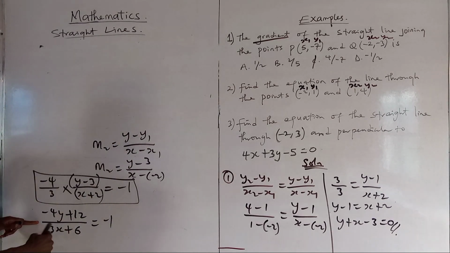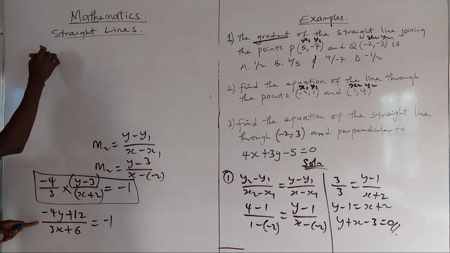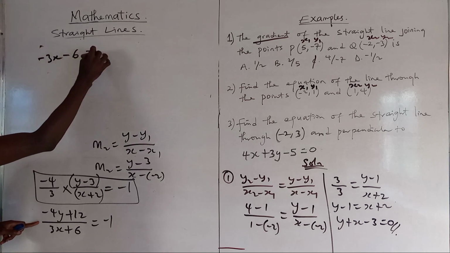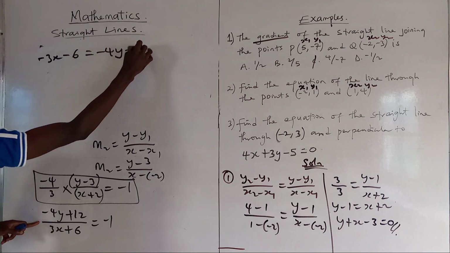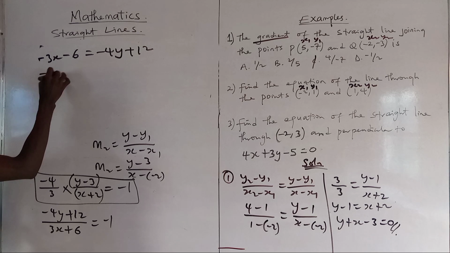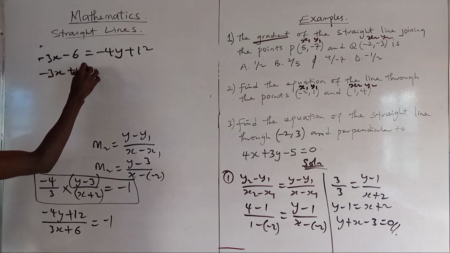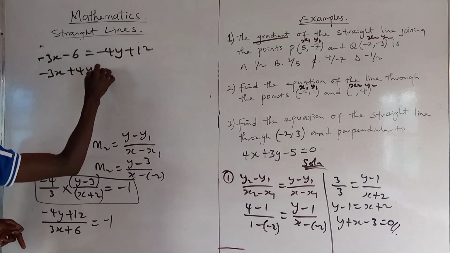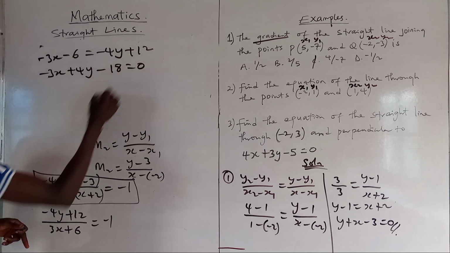We are going to have minus 3x minus 6 equals minus 4y plus 12. So we can collect the like terms and we're having minus 3x plus 4y minus 6 minus this, that's minus 18, equals 0.